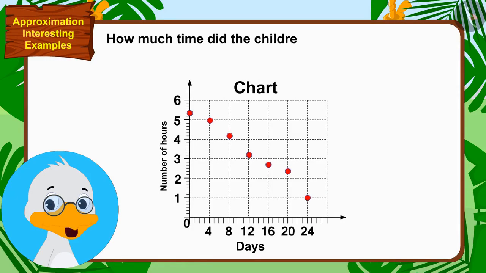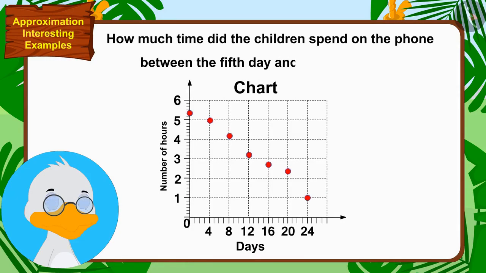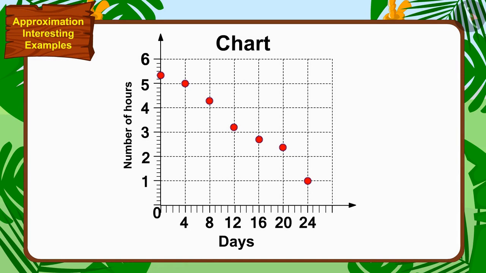How much time did the children spend on the phone between the 5th day and the 8th day? To find the answer to this question, first we have to approximate the time spent on the phone by the children on the 5th day.